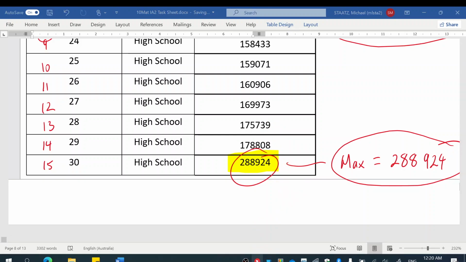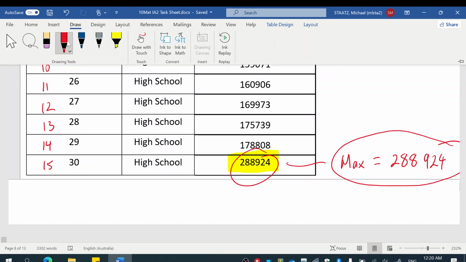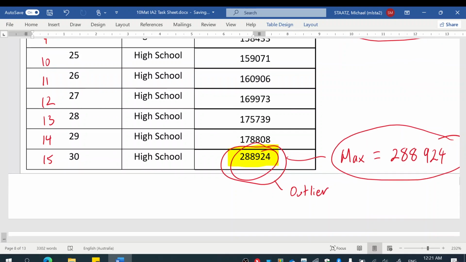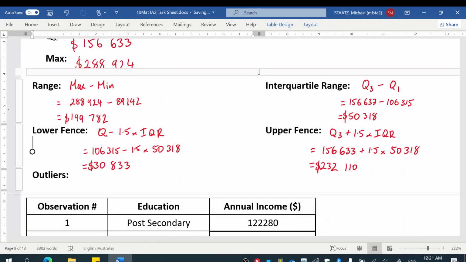So this value again is now going to be an outlier, and I need to write that down. 288,924, come down here, outliers. Yes. Actually, let's write a better sentence.